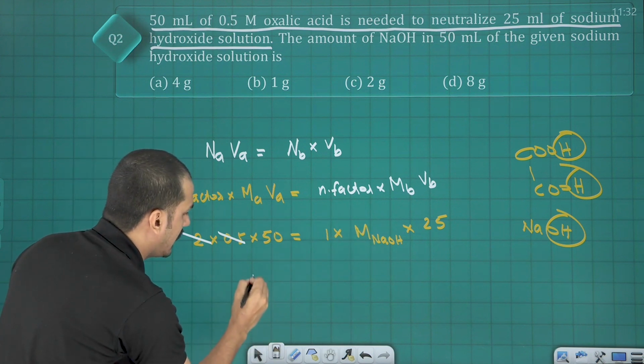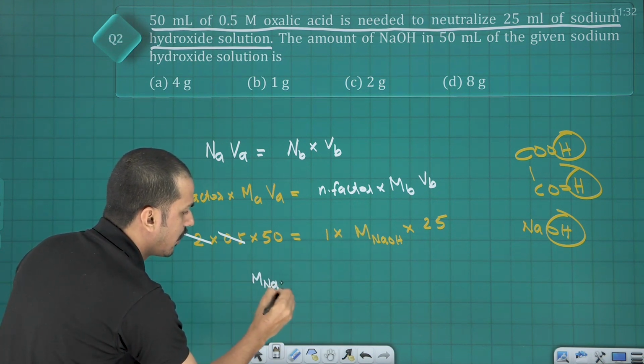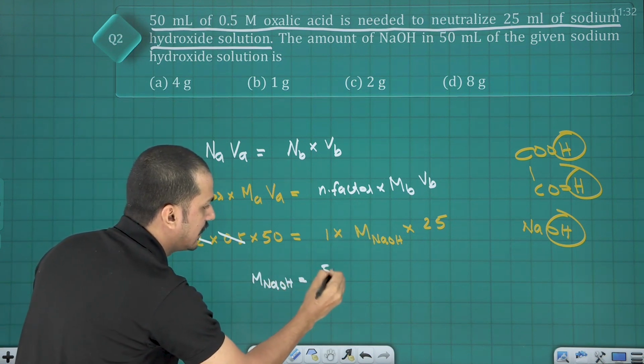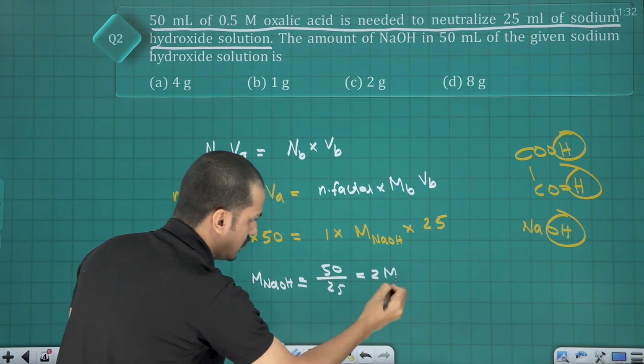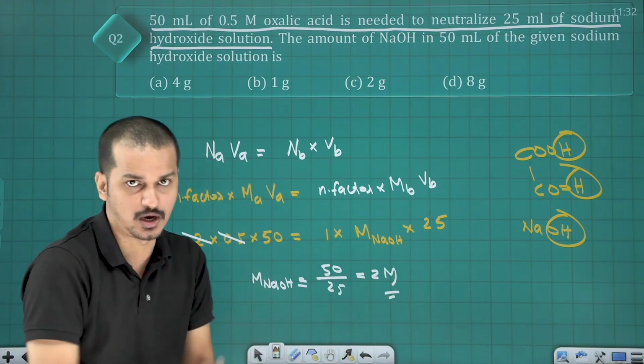So molarity of NaOH equals 50 divided by 25, that means 2 molar. So you are having 2 molar NaOH.